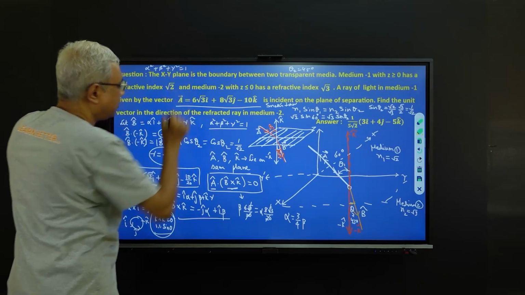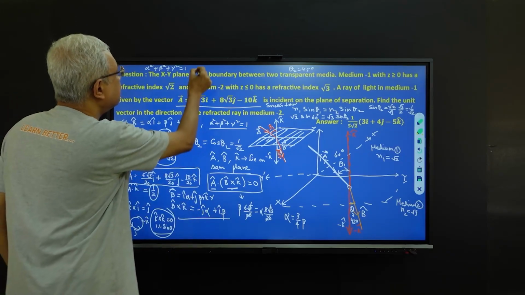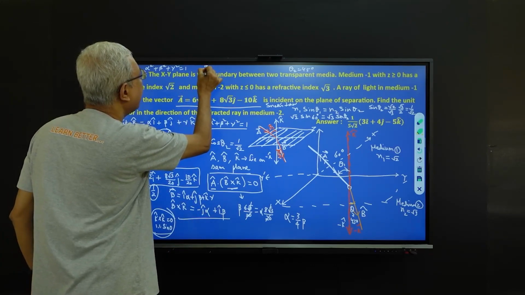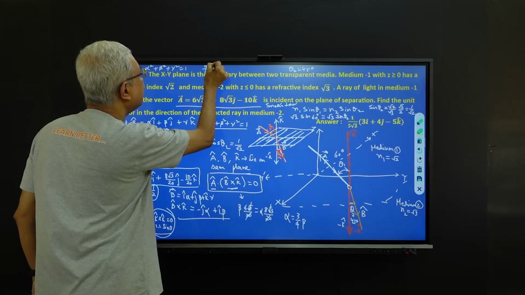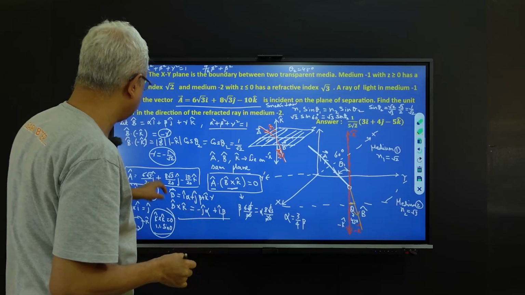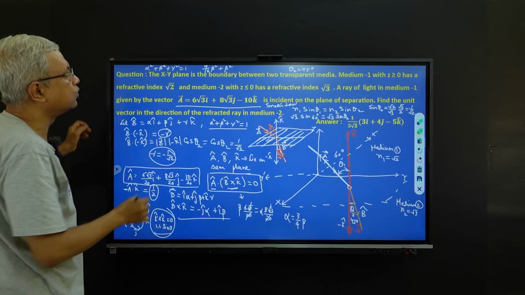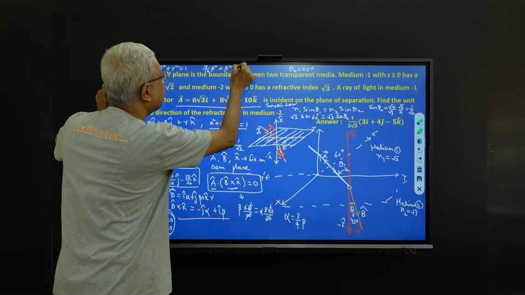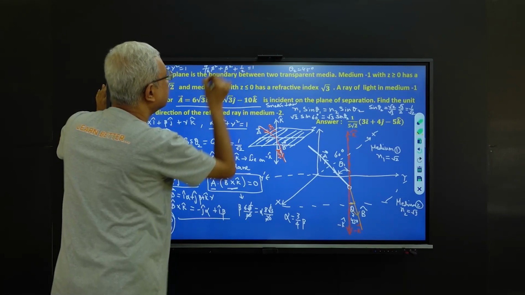So alpha square is actually 9 by 16 beta square plus beta square plus gamma, we have already found, is minus 1 by root 2. So it is plus half is equal to unity.